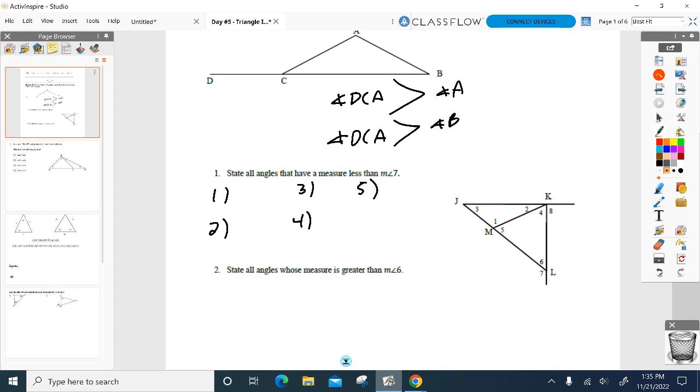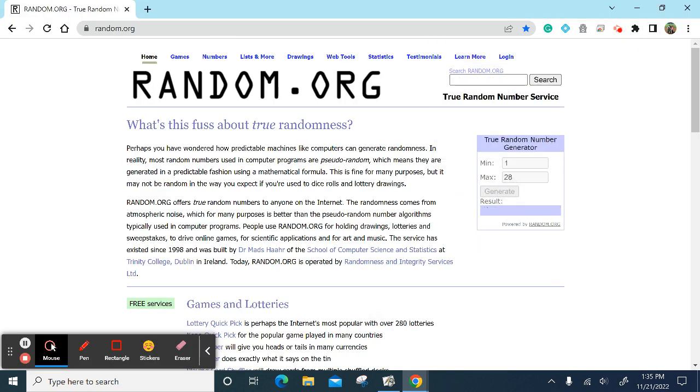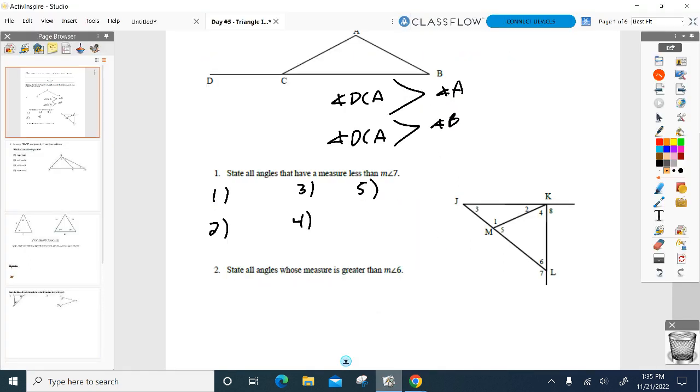Some groups think they have all 5, but that doesn't mean everybody in your group understands where all 5 are coming from. So let's go over this. Name a triangle where 7 is an exterior angle. Let's start with MKL. Everyone's in agreement.